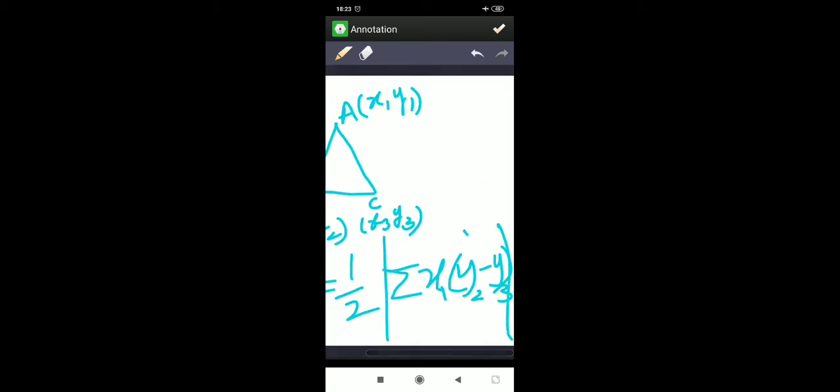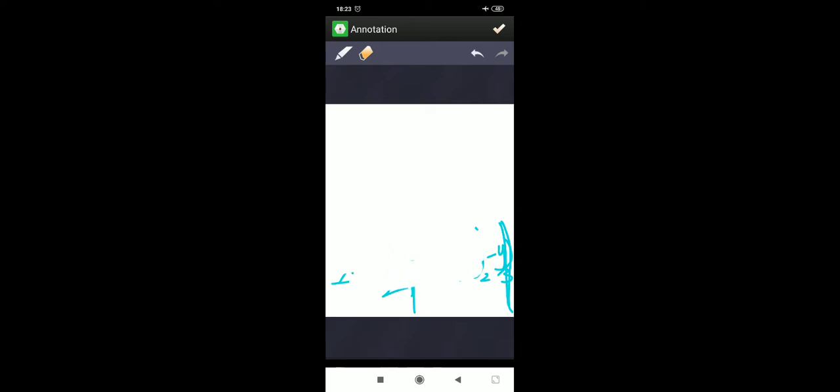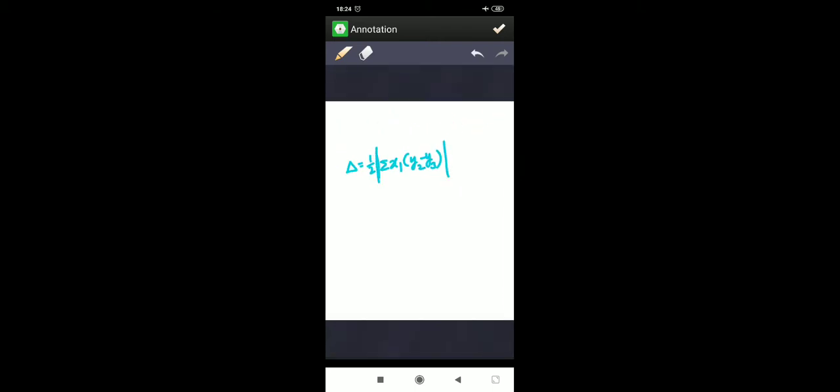You apply the sigma to that, and take a modulus here. Here I will write the formula again. Before, I discussed the concept of modulus in our first session. This is the formula.